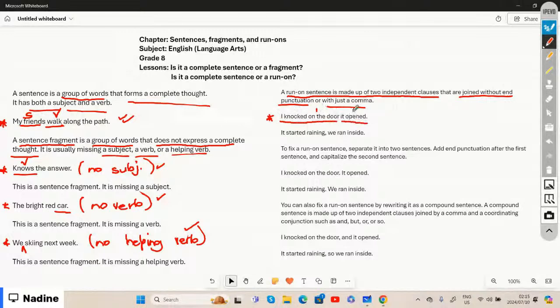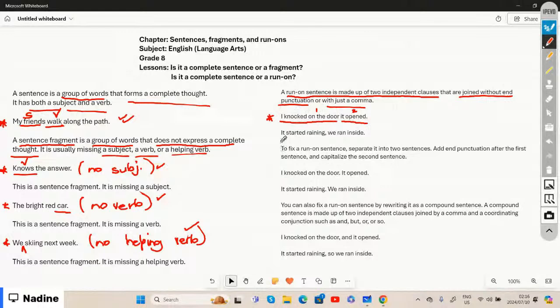There's one, there's the other, but there is no end punctuation mark to separate those two. So it is written as one sentence. But we are going to fix it. For now, that just shows that there are two independent clauses and there's no end punctuation.